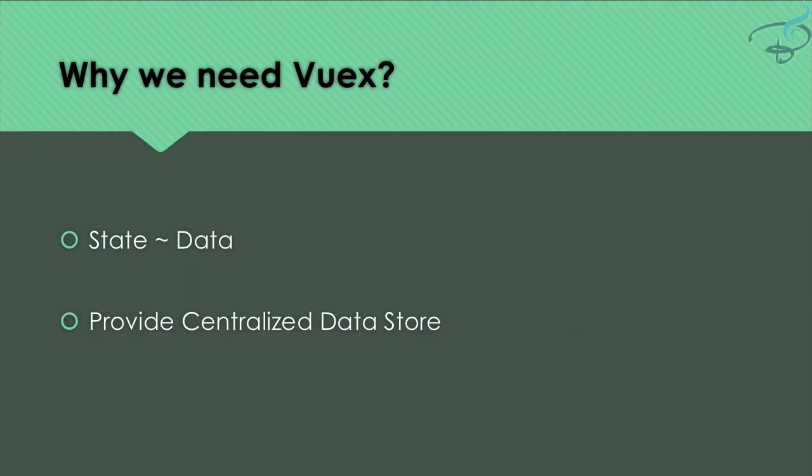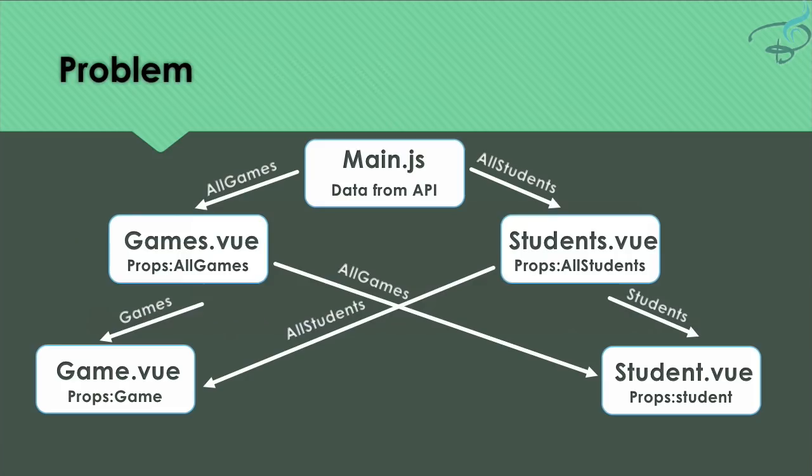So component A just changes the data on the Vuex store, or changes the state of Vuex, and then obviously component D gets the changed data, and B and C don't have to do anything in this case. So in this way, to manage your data across components, you need Vuex. But what problem does it solve?